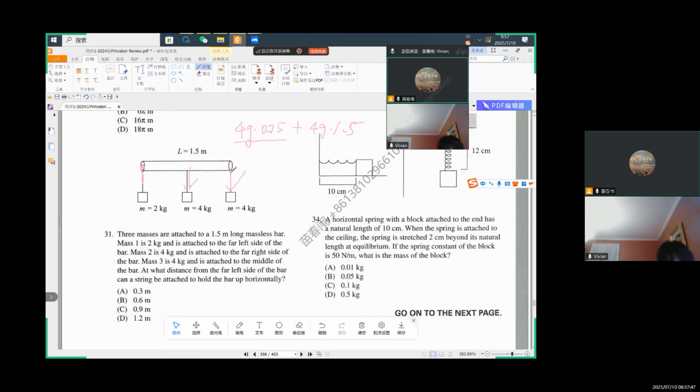This is the distance, right? Remember F and L are perpendicular, right? Does that make sense? This all makes them rotate clockwise, right?